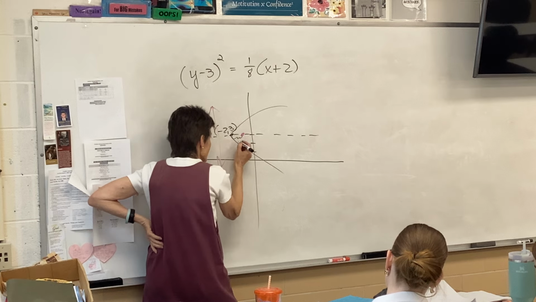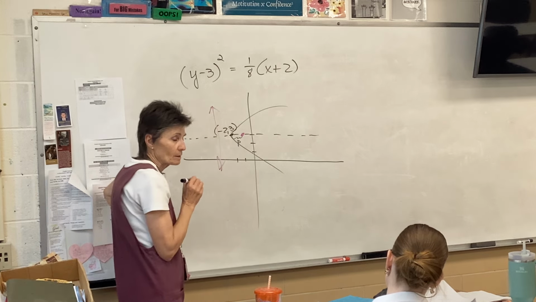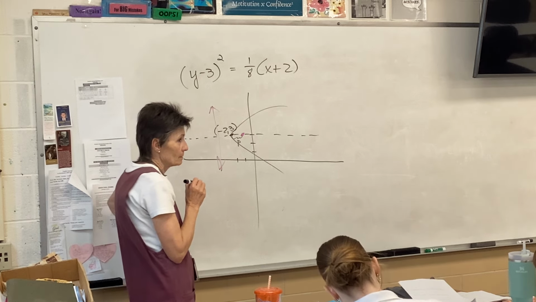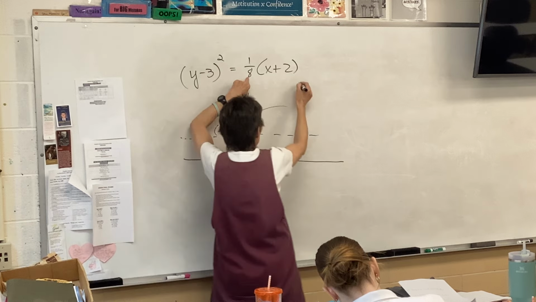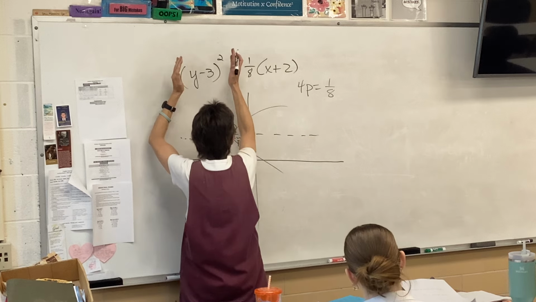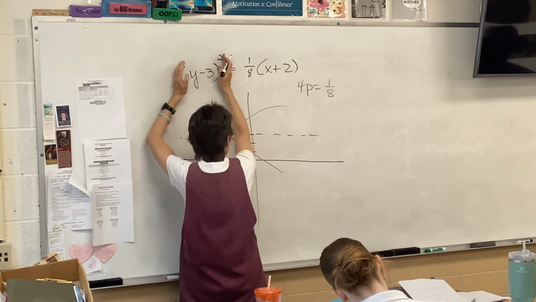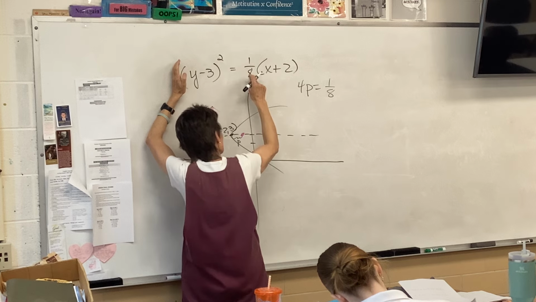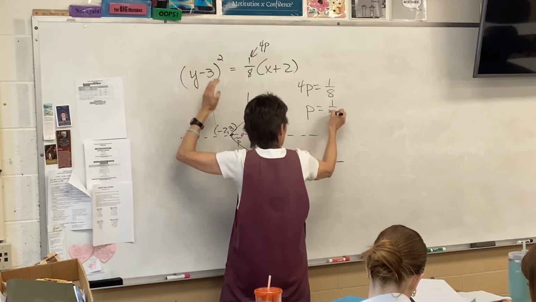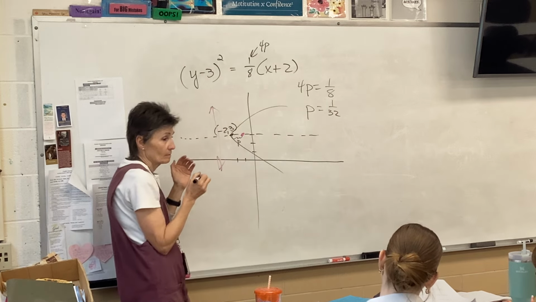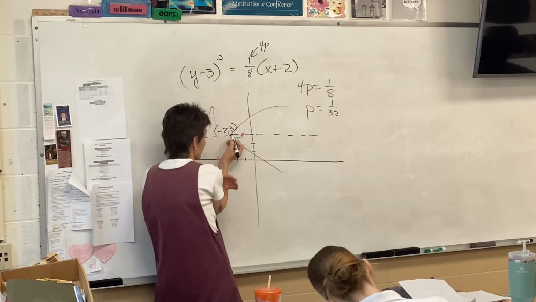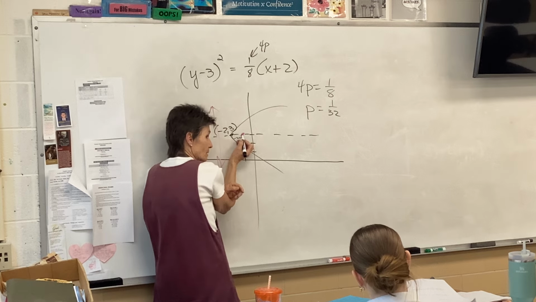We call that distance P. And how do I find P? 4P is 1/8. When you get your squared term by itself, that's the key. This coefficient right here is always 4P. So P is 1/32, right? So you're gonna start here, and you're gonna go forward 1/32.